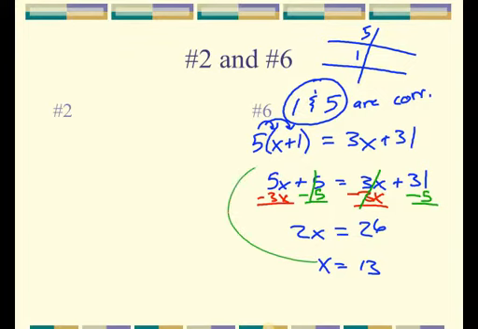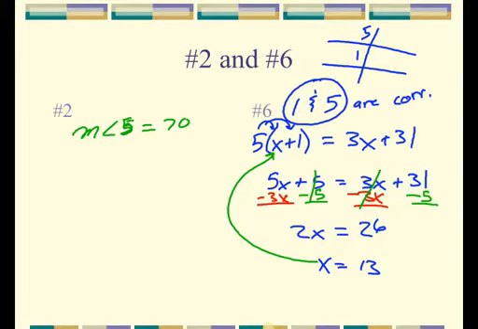So let's take our 13 back up here and figure out what the measure of angle 5 is. So 5 times 14. And that would be 70, right? Yeah.